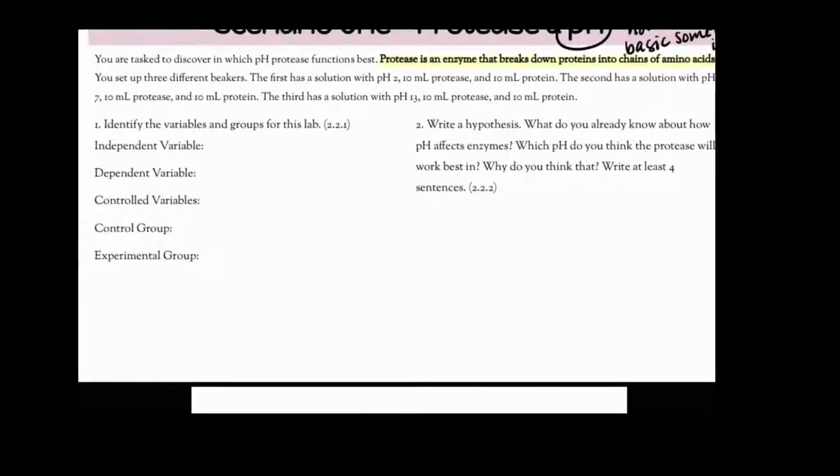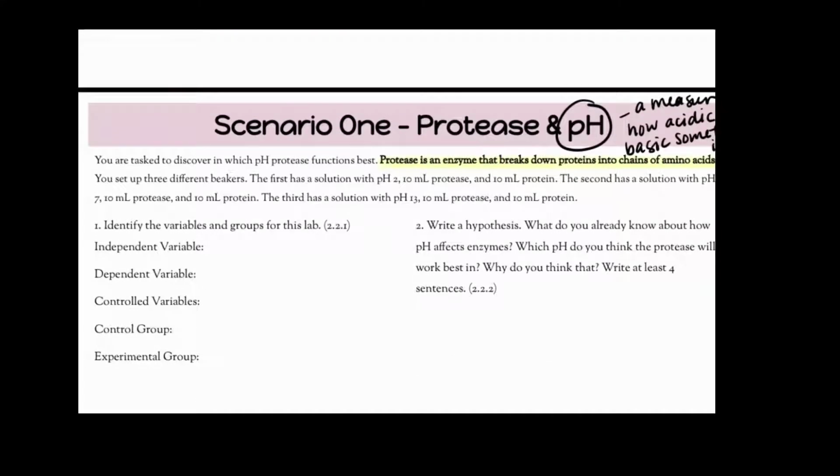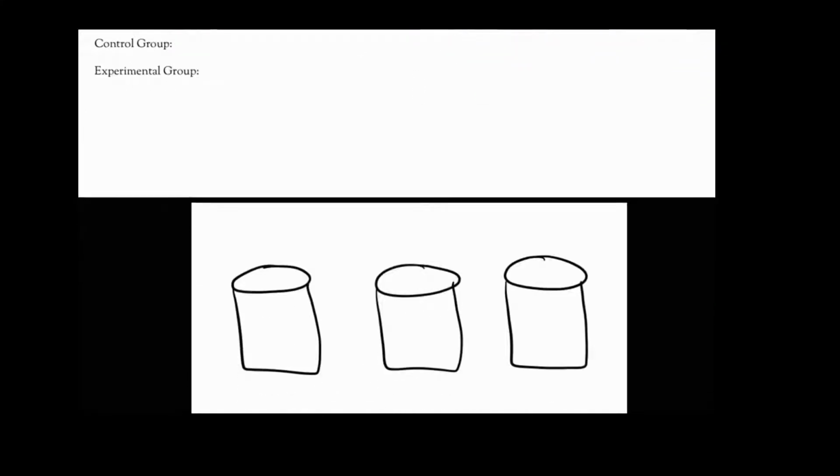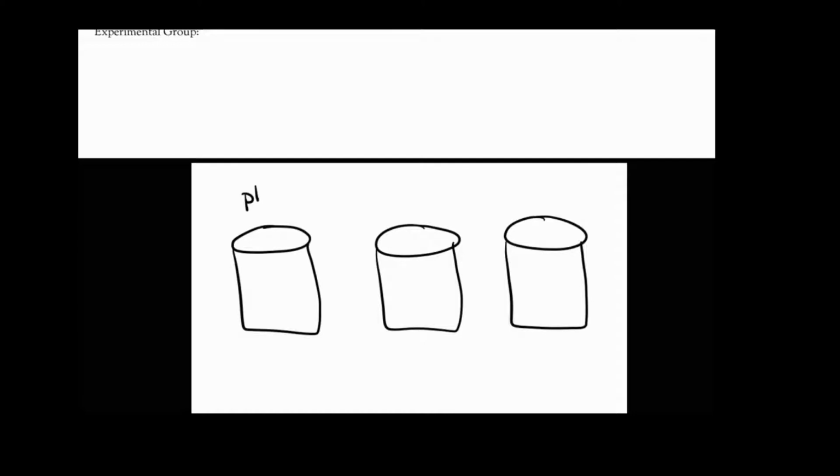Okay, so beaker 1, how many? There's 1, 2, 3 beakers. Let's draw those first. Okay, first one has pH of 2. So this is pH of 2, and remember that is acidic.